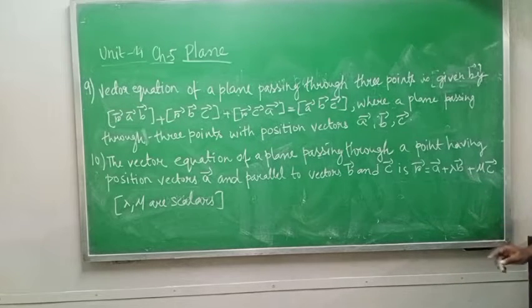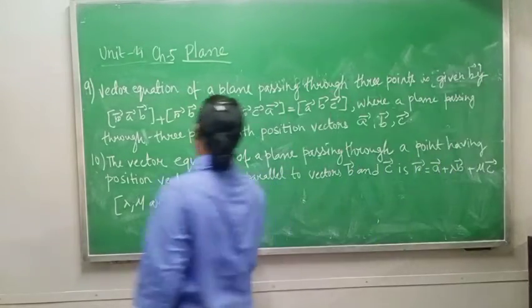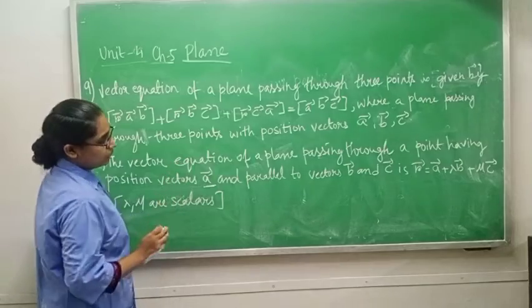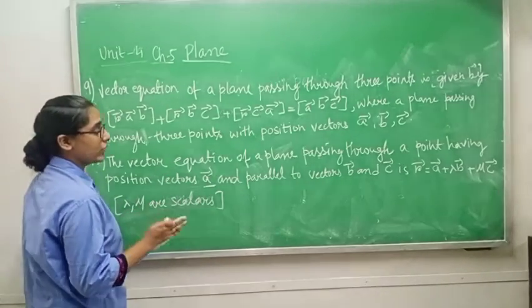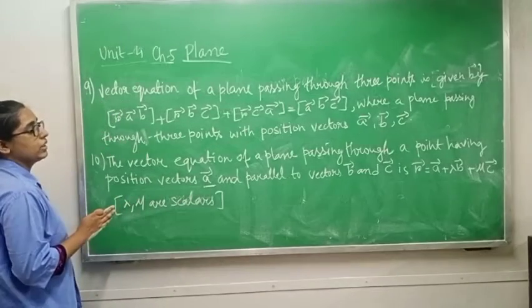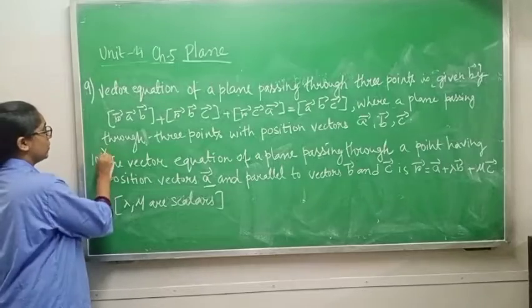Okay, when we have to find the vector equation of a plane passing through a point having position vector a and parallel to the vectors b and c, then the formula is r vector equals a vector plus lambda b vector plus mu c vector. This one is important.